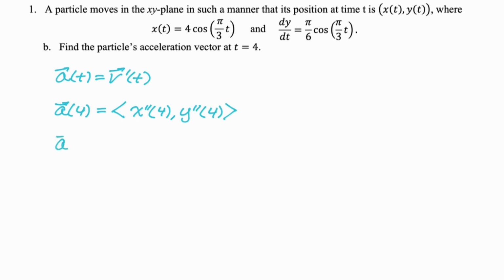And we found that a of 4 is approximately, to 3 decimal places, 2.193, comma 0.475.